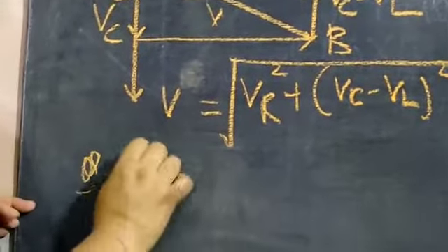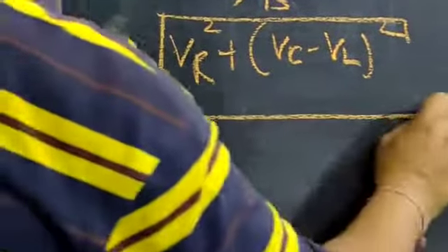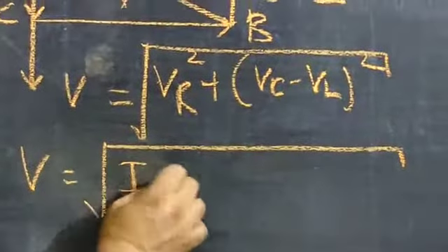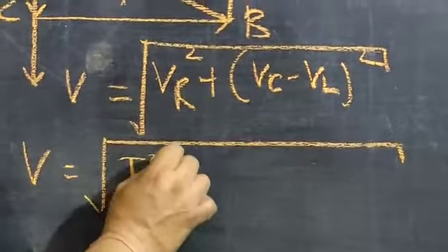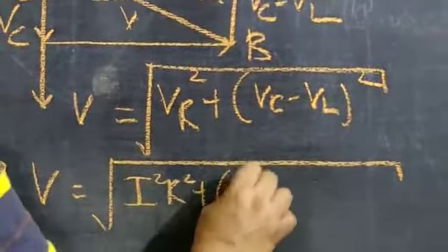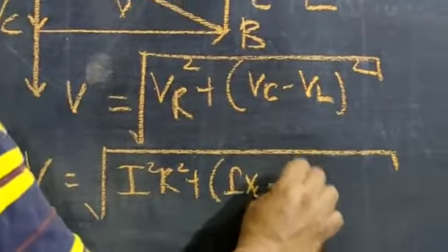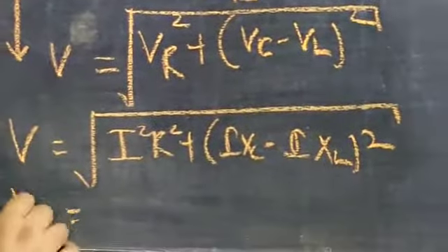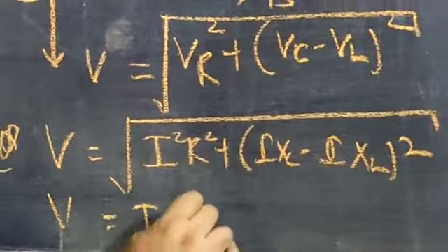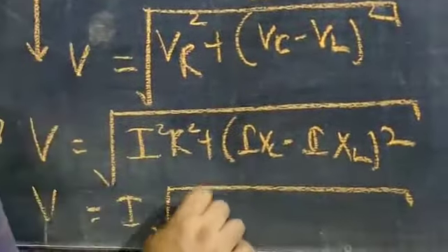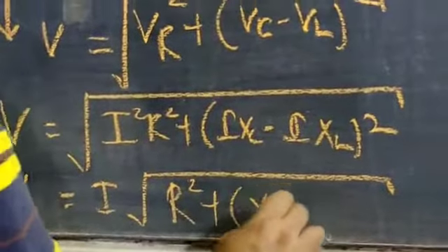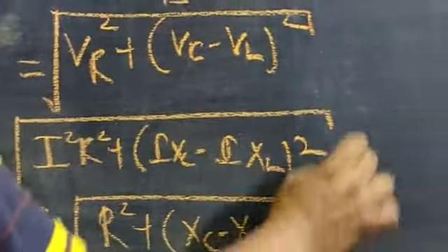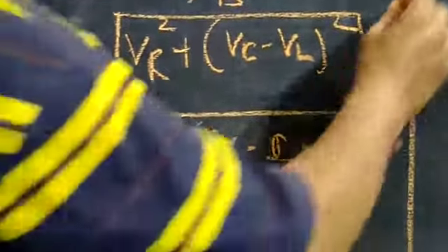Similarly as we did in the previous case, V is equivalent to the root of I squared R squared plus (I XC minus I XL) whole squared. So V is equivalent to I, taken out common, times the root of R squared plus (XC minus XL) whole squared.